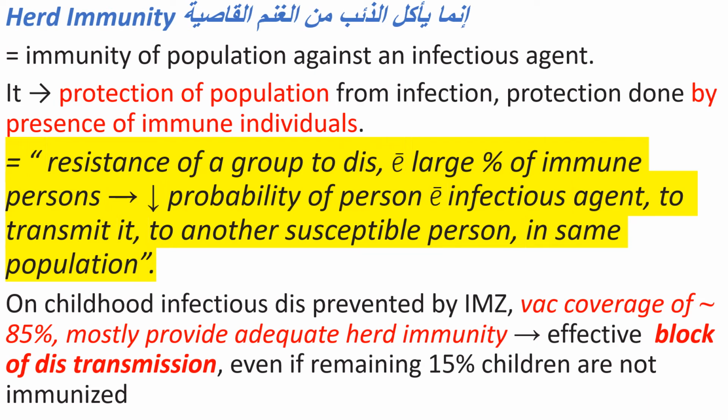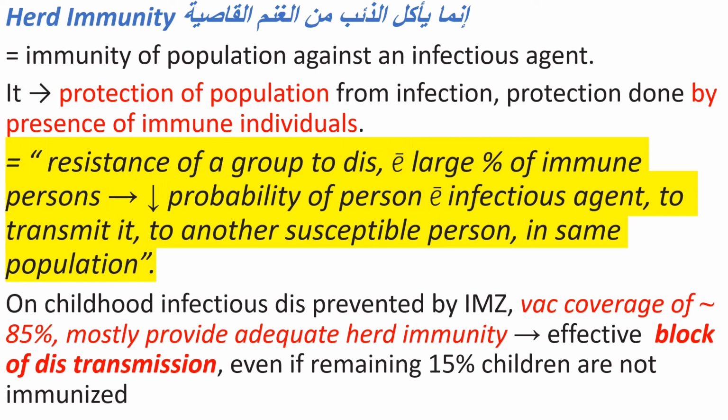This herd immunity leads to protection of the population from infection, protection done by the presence of immune individuals. So, if a large percentage of immune persons is found in a community, this will decrease the probability of persons getting the infectious agent or transmitting it to another susceptible person in the same population.